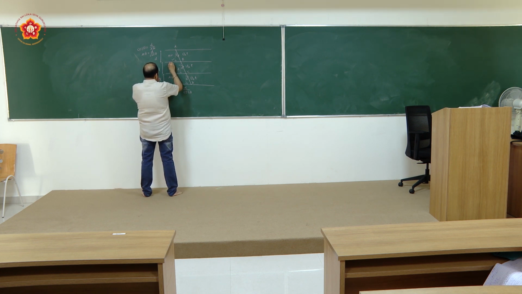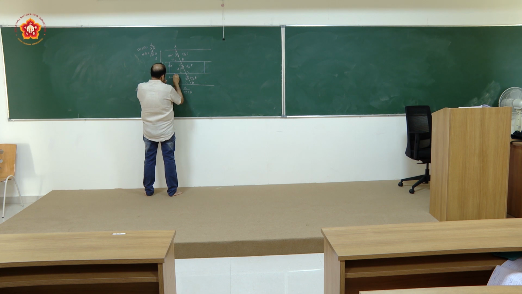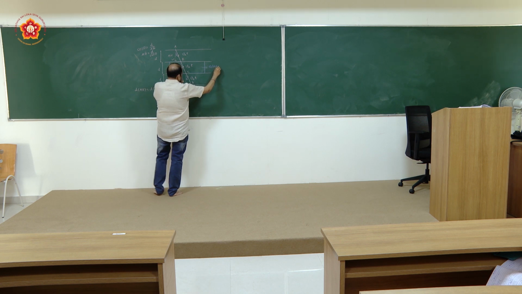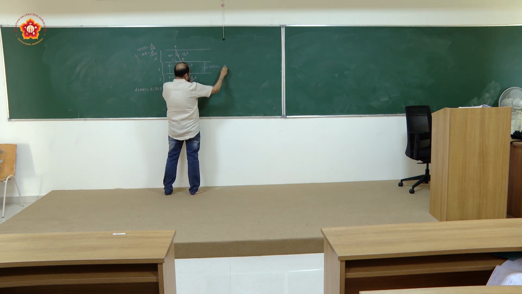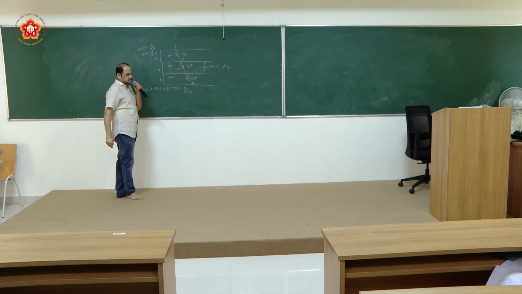So I am showing here a glass now. This blue part is representing glass of refractive index mu suffix g. This is the glass.